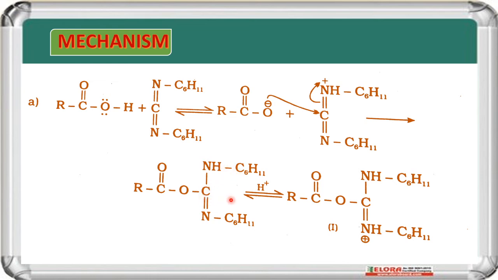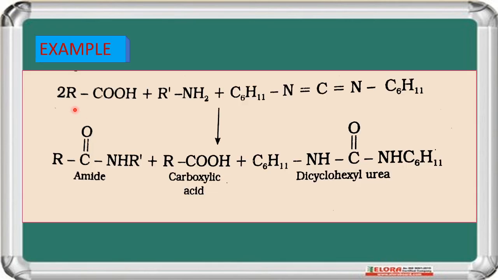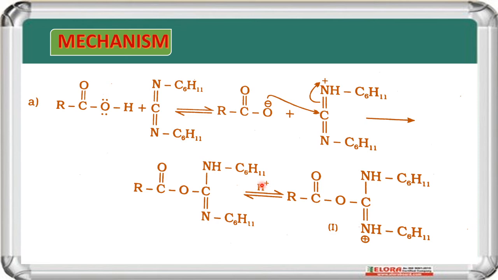And the next step, here it abstracts the proton from another acid. In this reaction we have to use two molecules of acid, so this proton, H plus ion, is written here, which this nitrogen abstracts. This nitrogen abstracts the H plus ion, and the same type of reaction takes place.